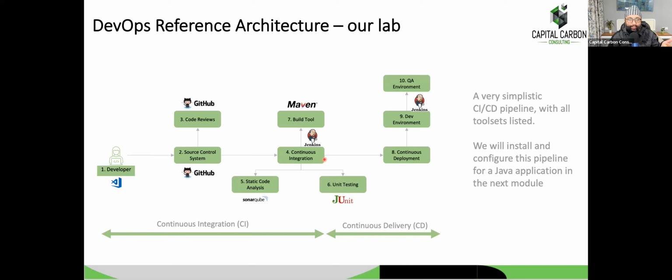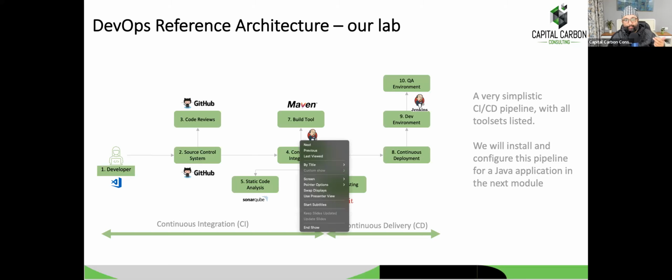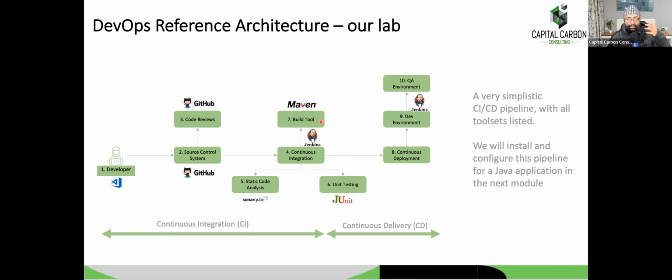The moment that happens and the code is merged into the right branch, the continuous integration server is listening onto them, and that triggers a bunch of things. That triggers static code analysis using SonarQube. That triggers unit testing using JUnit. And then it uses the build tool, let's say Maven, to start building the binary, the artifact, the jar or war in Maven's case, a very simple example, right?